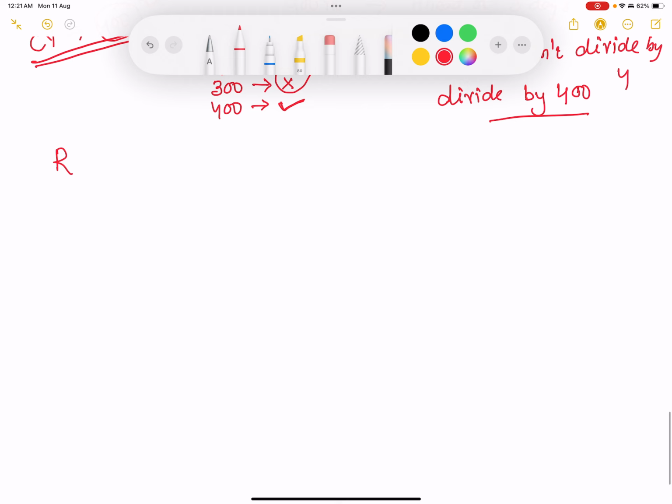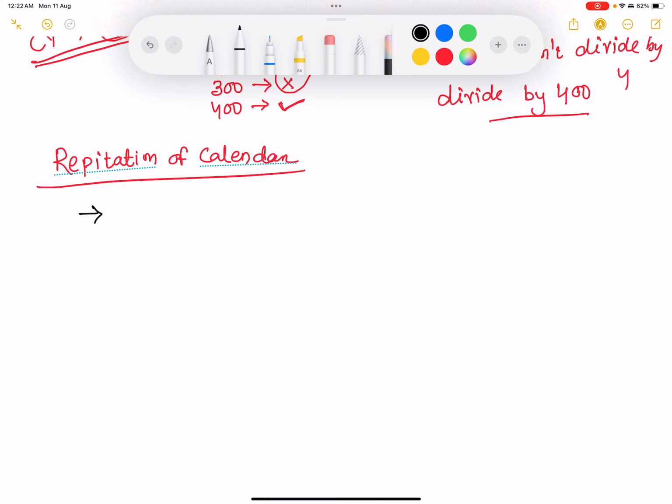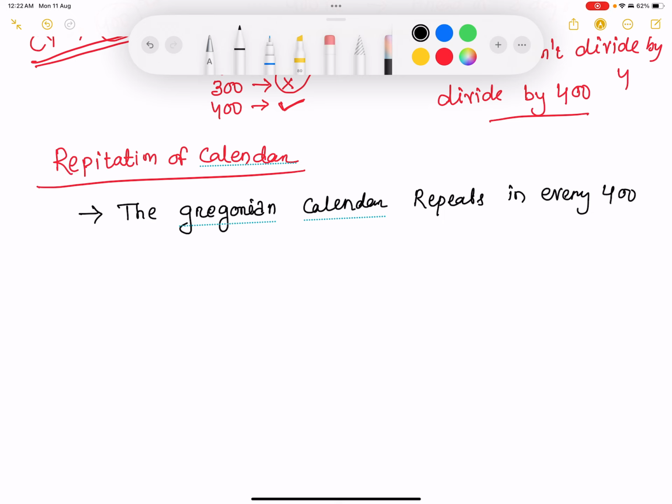Okay, next. Now repetition of calendar. Okay, now whatever I am writing, just listen carefully. The Gregorian calendar repeats in every 400 years.